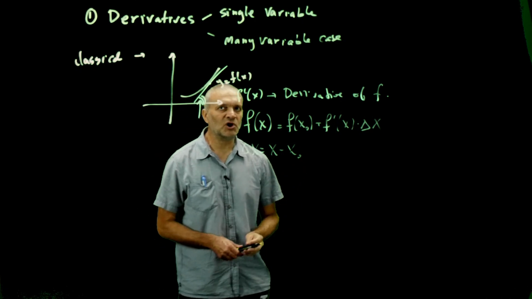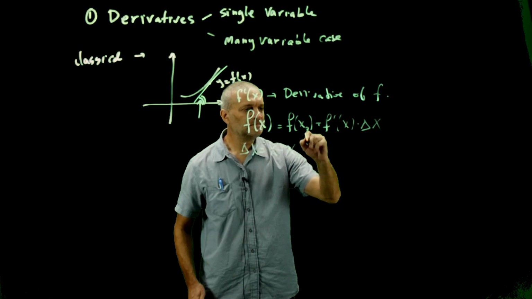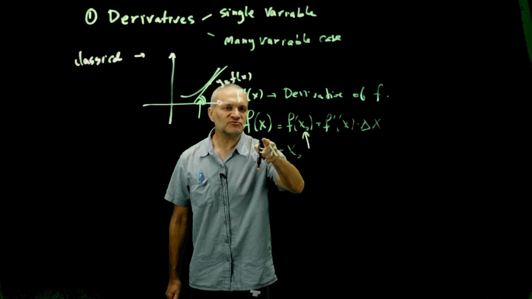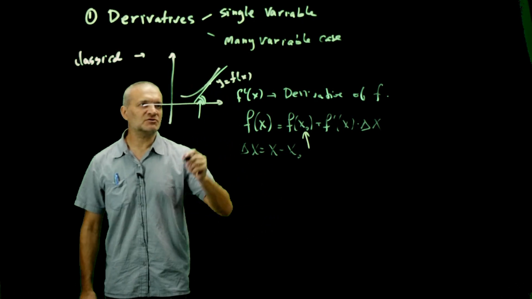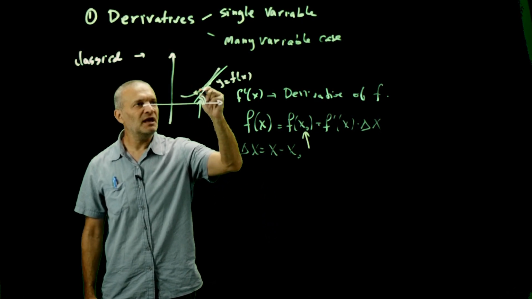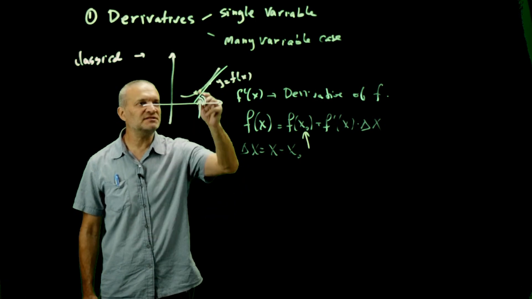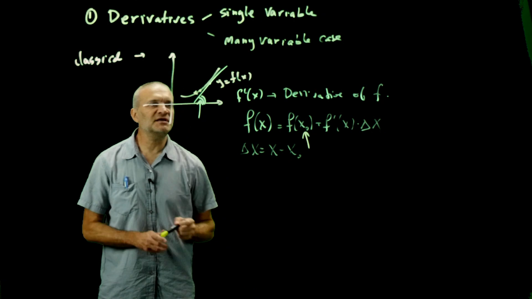So if you know the function at this point here, and you want to find the function at a close point to x0, you know the point here and you want to find this value. So what you do is get the best linear approximation.